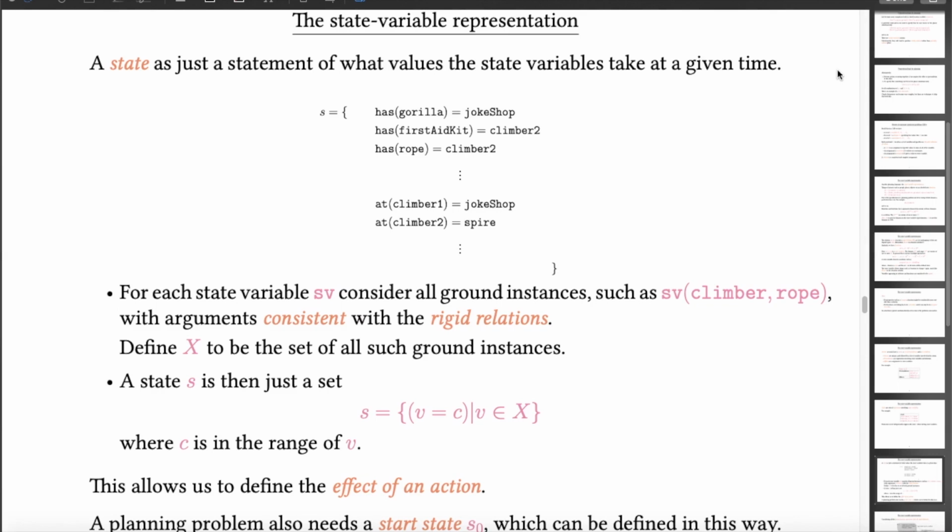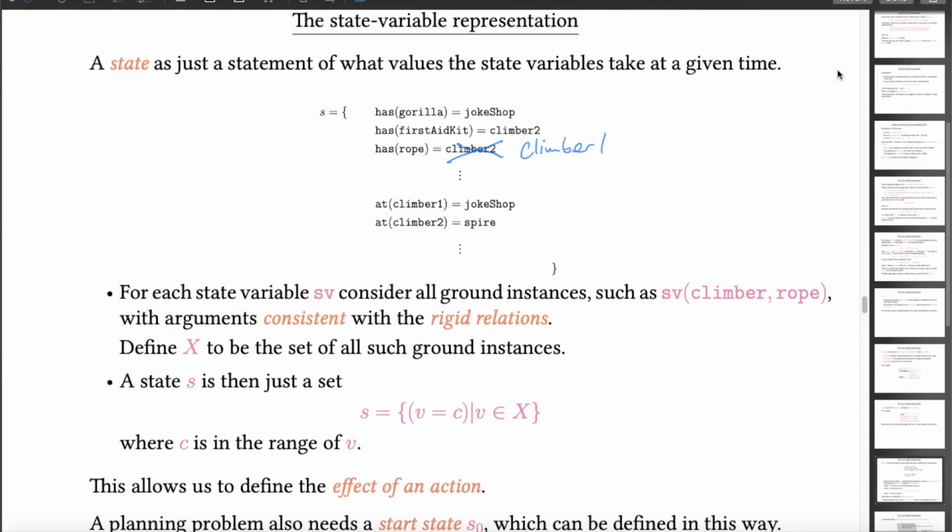And the way in which we can update states just involves changing one or more of those function values. For example, I could change this state by saying that the rope is no longer owned by climber 2, but it is now owned by climber 1. Now I have a different state, but everything that I need to know within the planning problem about the state is exhaustively defined.